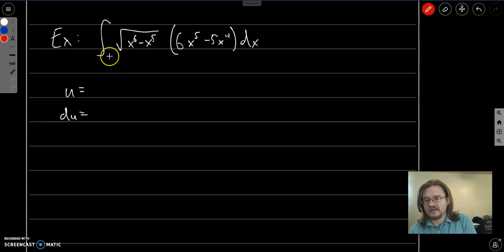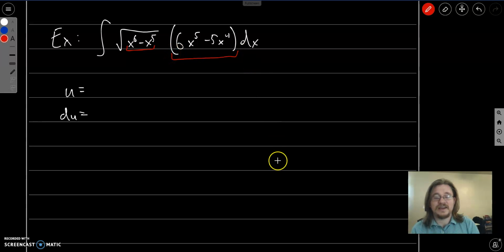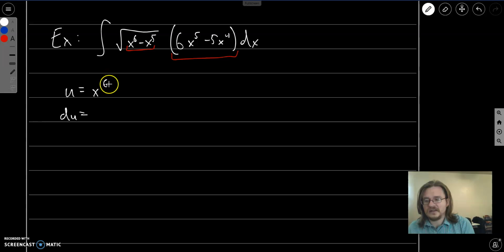Well, I think the answer is yeah. We've got a function, x to the 6th minus x to the 5th, and we also have its derivative sitting out here. So looking for things and noticing that their derivatives are also in the antiderivative is going to be very helpful.